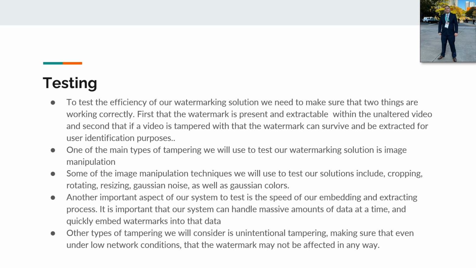That's why in our application we put our watermarking process through stress tests to make sure it survives different processes, like resizing, cropping, changing the frames per second, and applying Gaussian noise, Gaussian colors, and different techniques that can be used to modify the video.